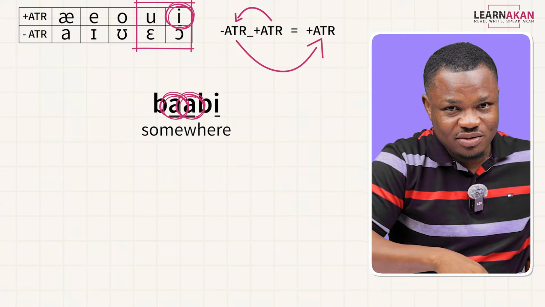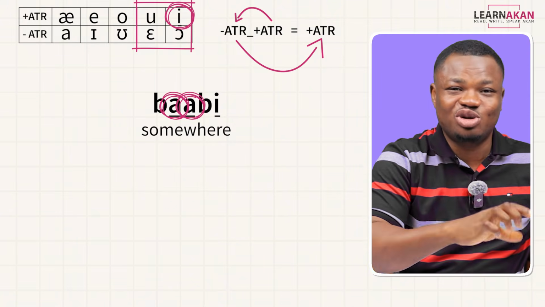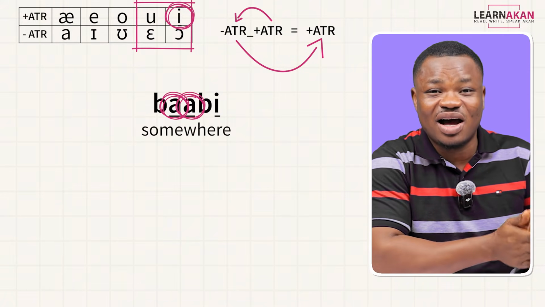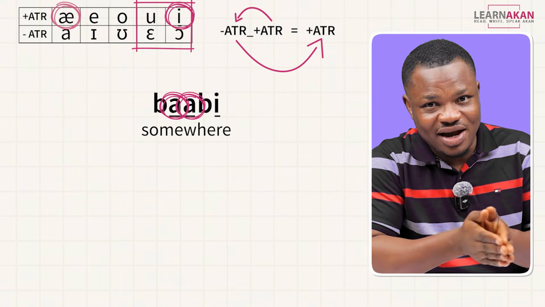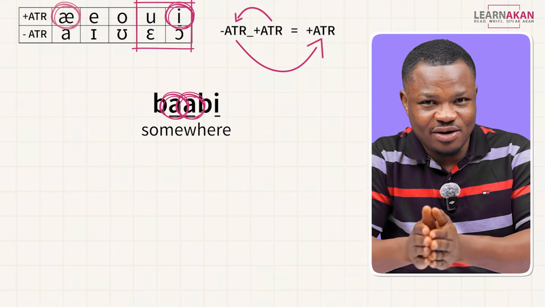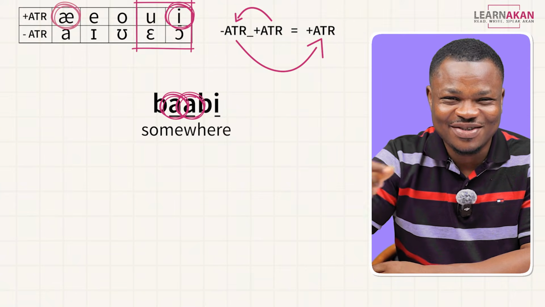We need to pronounce them as the plus ATR version to ensure that there is harmony. So the plus ATR version of the vowel A is right? So we say the harmonized form, not the regular one. You don't say that, okay?